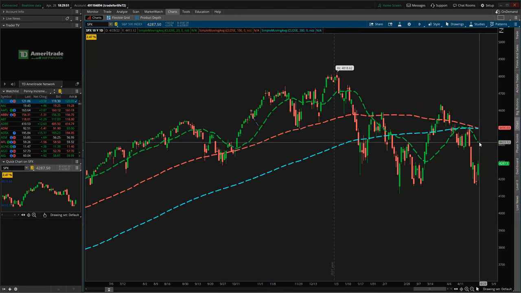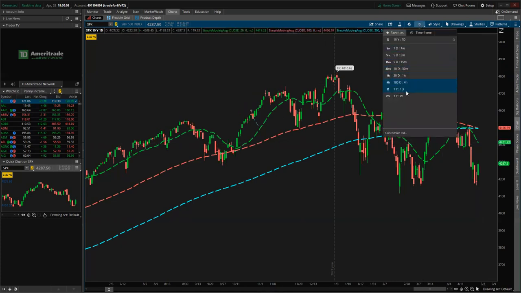Now, if we look at this other one, the green line is 4414.78, approximately. Now, let's go into the weekly and see what that is telling us.